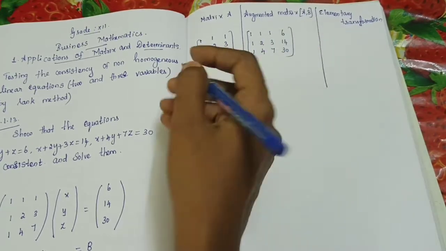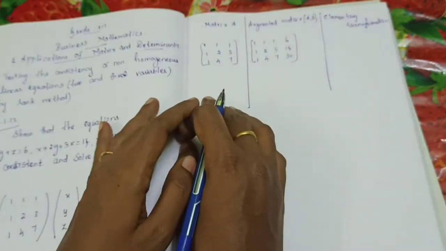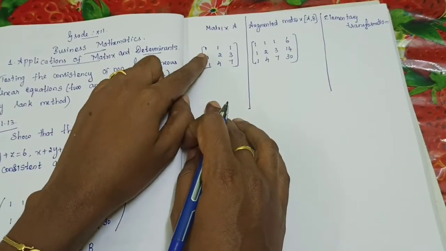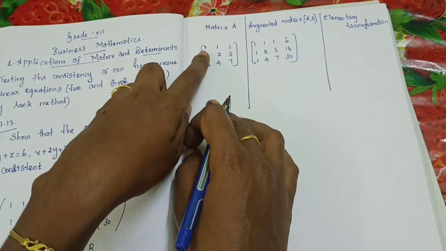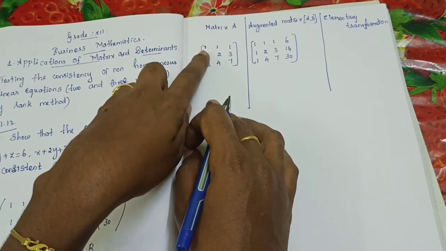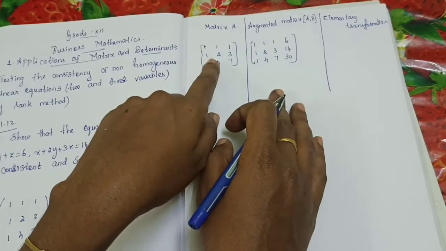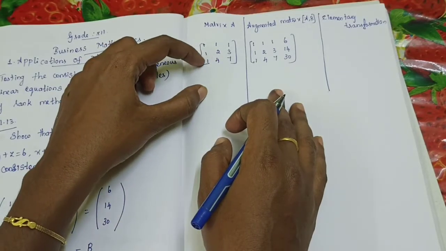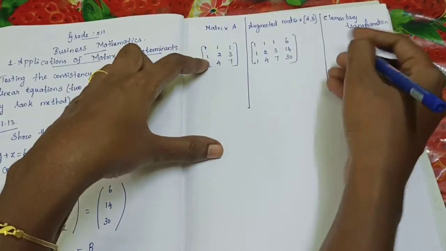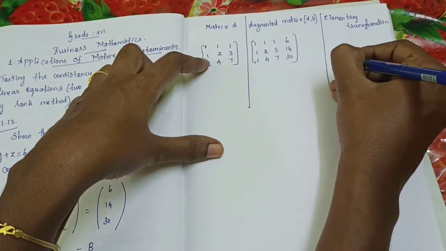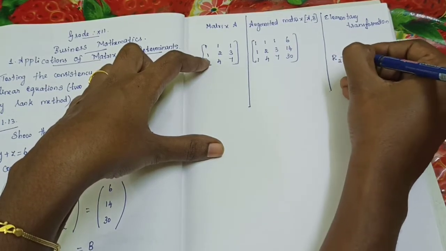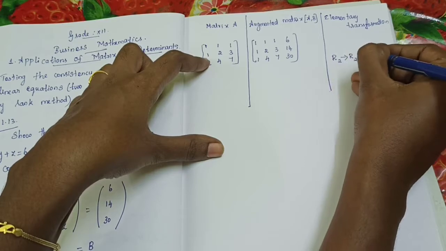Am I right? As I explained, the first entry in the first row, first column, must be non-zero, and it is. So we need to change these two entries to 0. We do this by R2 goes to R2 minus R1.